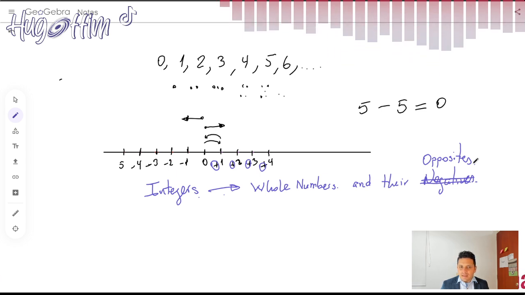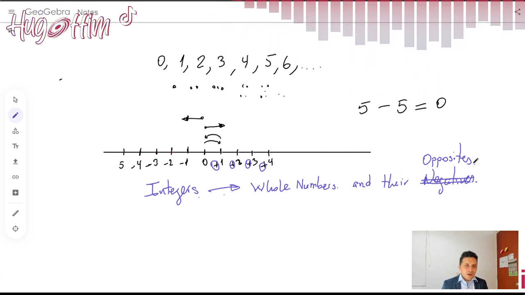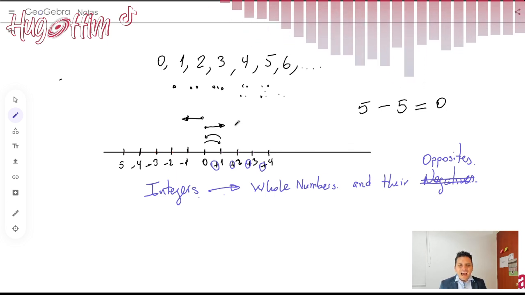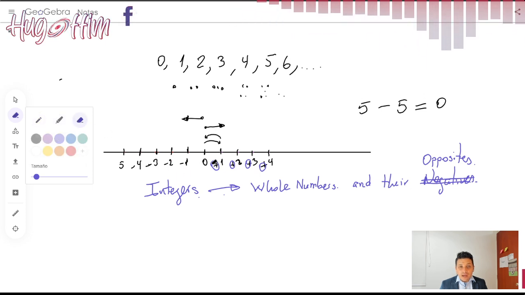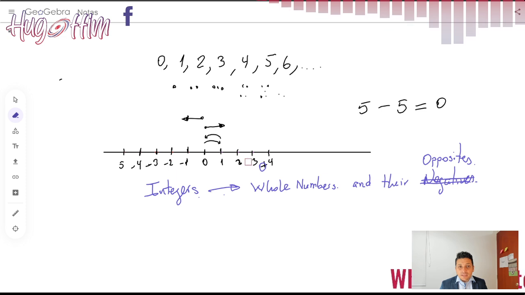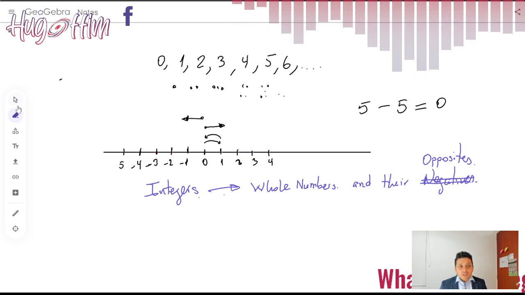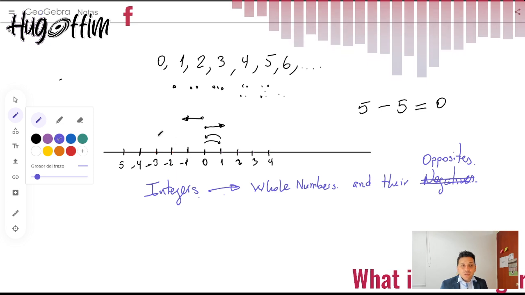Now, after I understand what the integers are, it's important to know how to compare those numbers. So I need to know how to compare integers, to know if it's possible to tell which one is greater and which one is least.